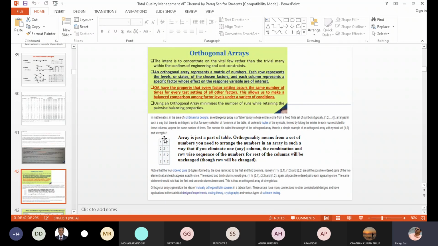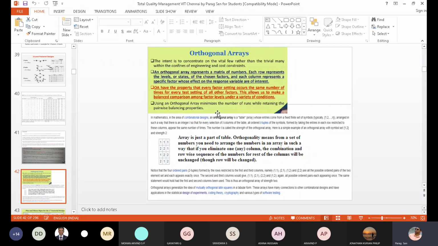Suppose you eliminate or discard the middle column, then you will get the combinations like 1 1, 2 1, 1 2, 2 2. If you discard the third column, then you will get 1 1, 2 2, 1 2, 2 1. So all the combinations you will get each time. So this is actually known as the property of orthogonality.